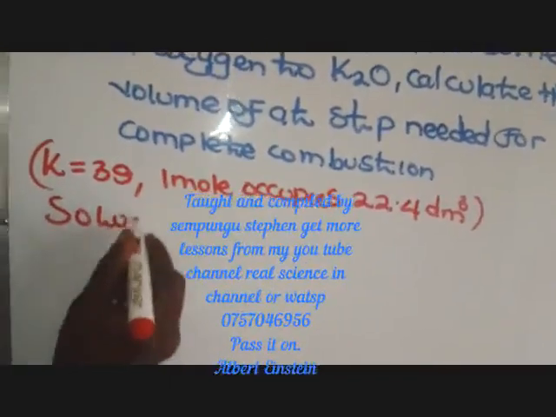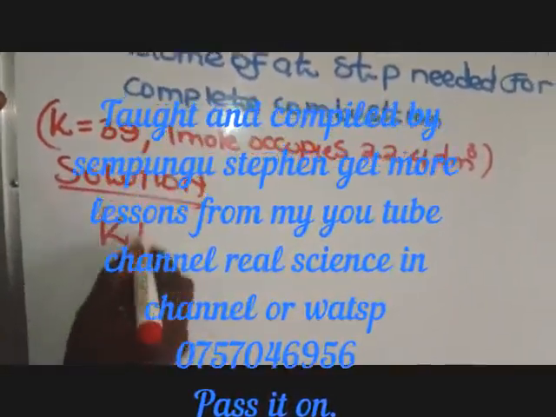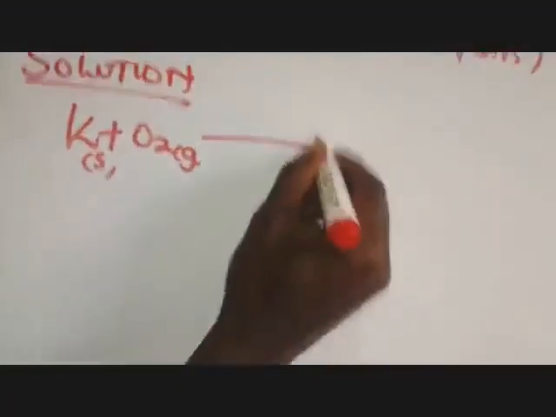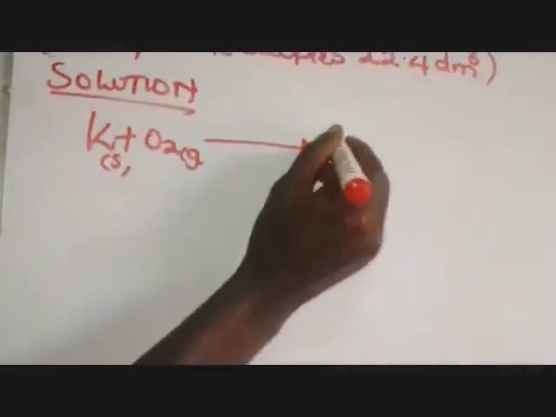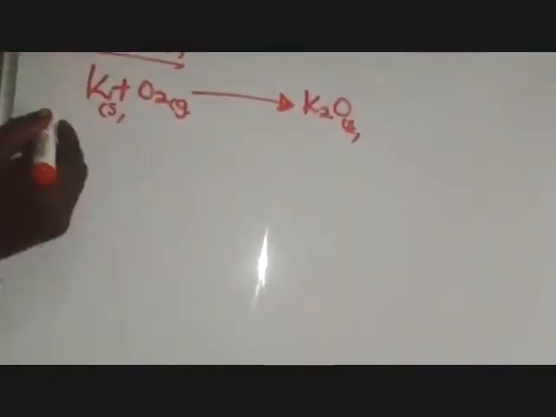In our solution here, a student must write the equation. That is potassium plus oxygen gas. Remember, potassium is a solid. And here, we are going to obtain potassium oxide solid. Then we can balance the equation by putting a 4 there and a 2 there.